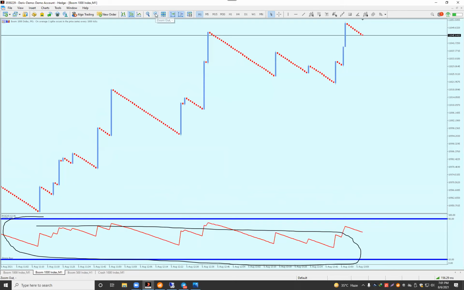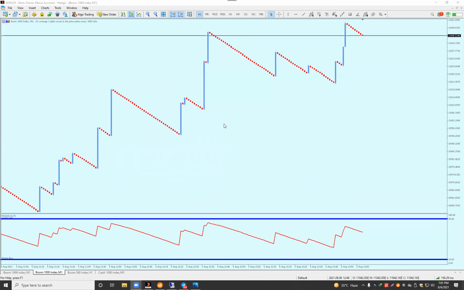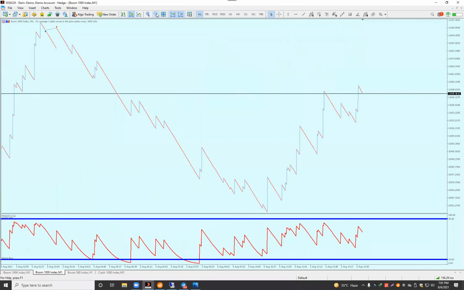Now I'm going to show you one more thing, which is a tip on the RSI. If you find this condition and then you find a W pattern on the Boom, the price will move further in the up direction. See, here RSI is oversold, right?